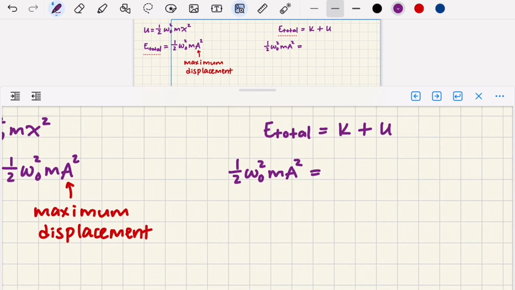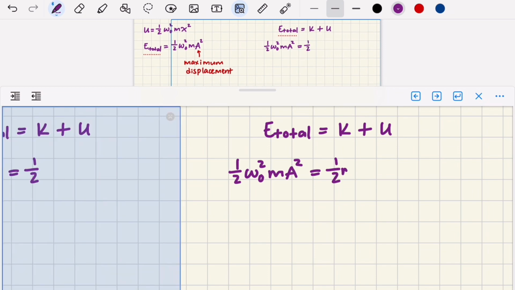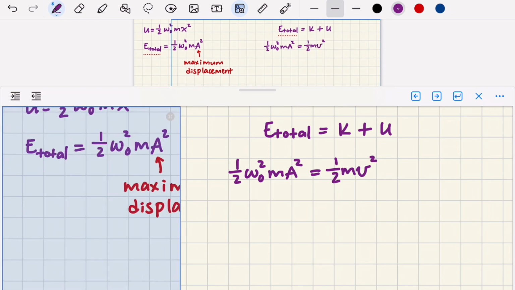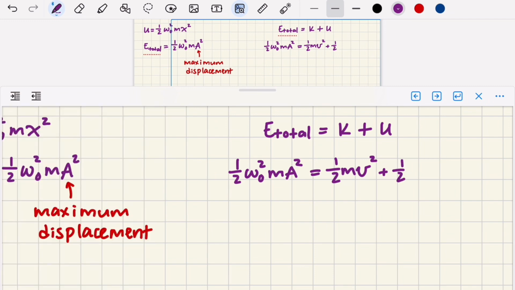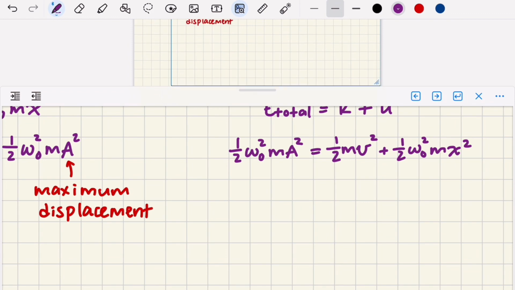It's just the normal kinetic energy, 1/2 m v squared, plus the potential energy at any other point that is not maximum displacement, so 1/2 omega naught squared m x squared. Okay. And we can cancel a lot of stuff.